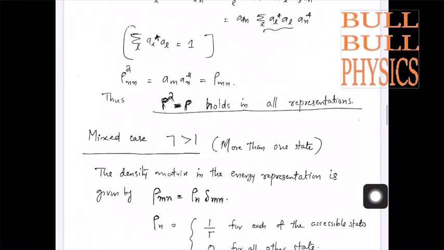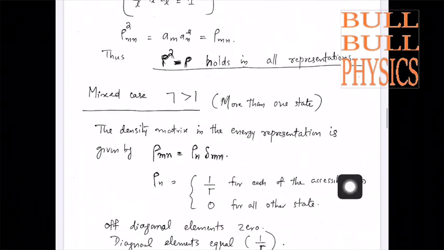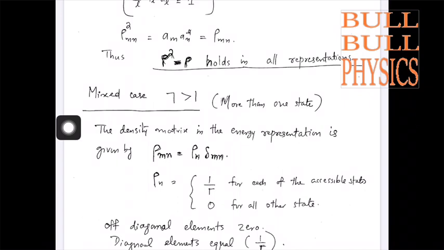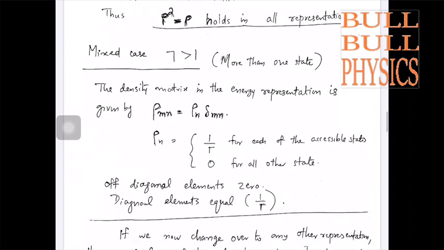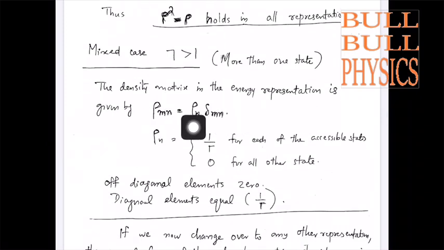Now we are considering the mixed state. In this case, gamma is greater than 1. So what that means is there are a larger number of microstates accessible to the system. The density matrix in the energy representation is given by this. It is 1 by gamma for each of the accessible states. It is equal to 0 for all other states.